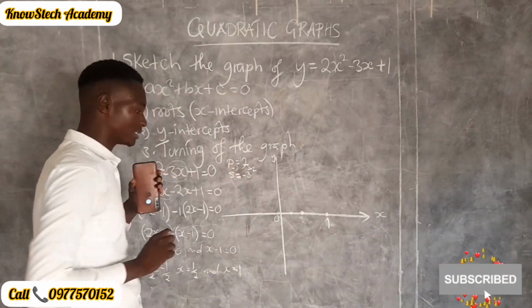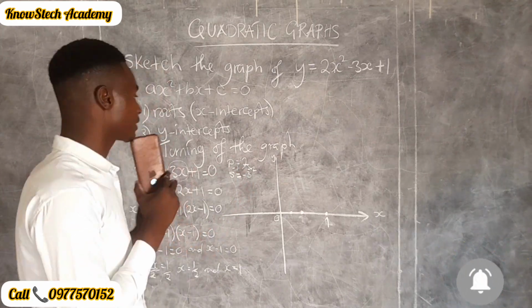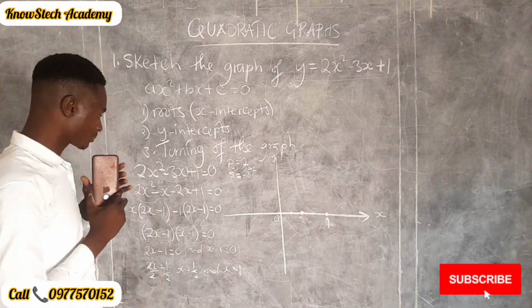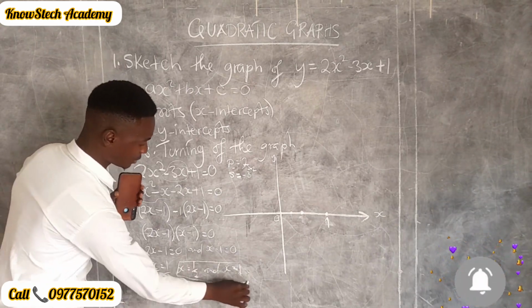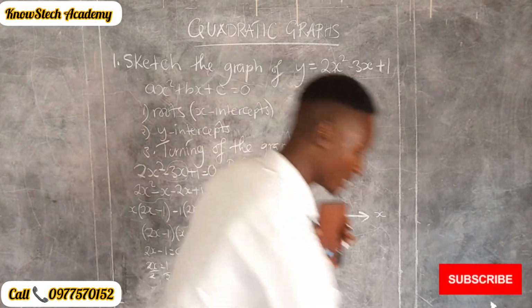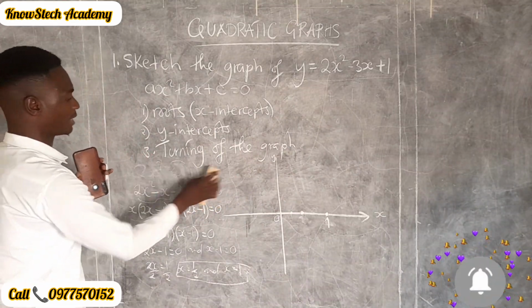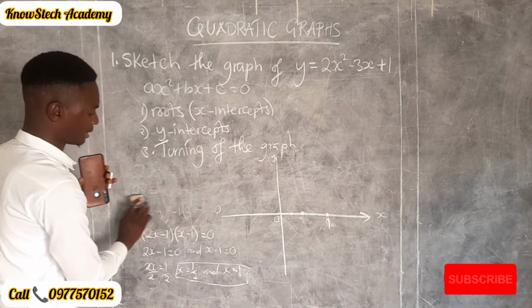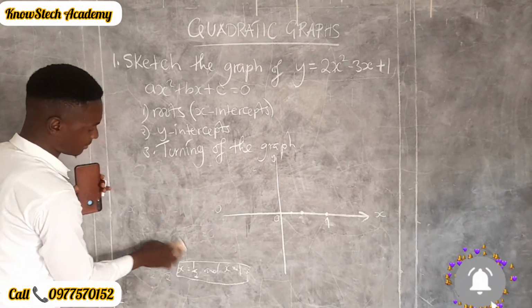So we find the turning point of the graph. Since we've already found these 2, we can create space here for finding the y-intercept, then lastly the turning point.